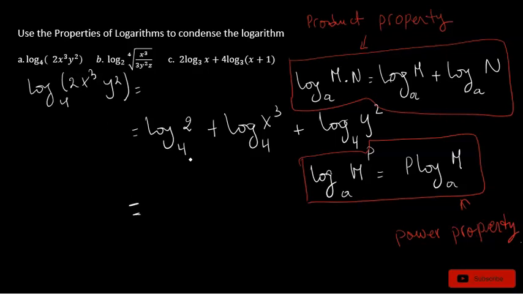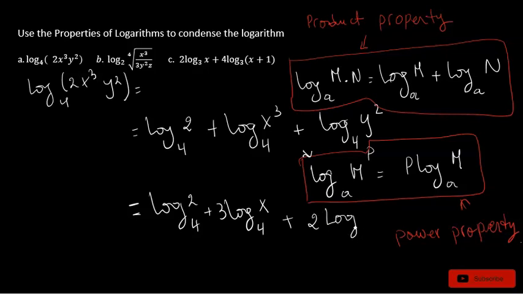Now the first example is log base 4 of 2 plus 3 log base 4 of x. See, I use this property to expand this one, plus 2 log base 4 of y.